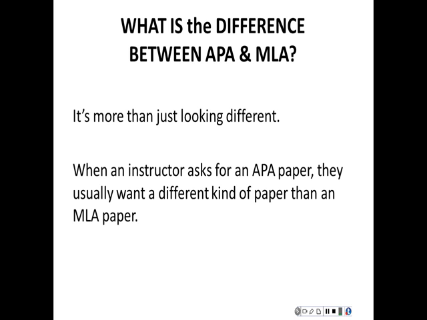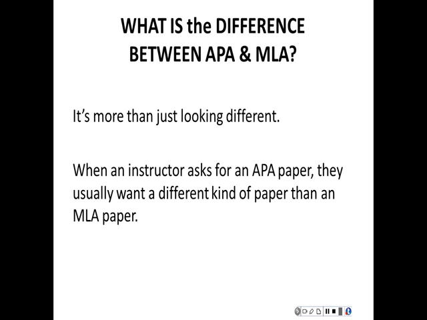This opened a whole new world to me. I'd never done APA before, and so I had to figure out what APA was. I had thought that the only difference between an APA paper and an MLA paper was a matter of appearance, that in-text citations and bibliographic entries just looked different between the two.